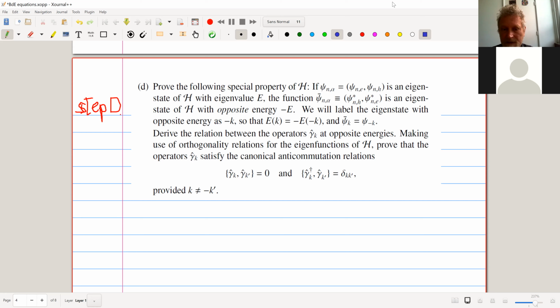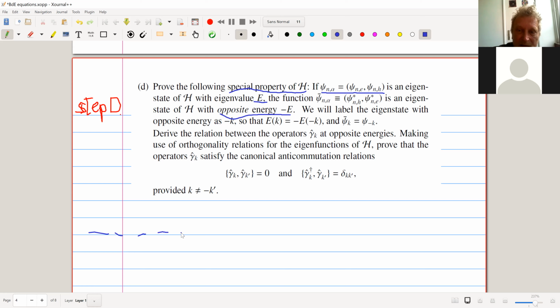And in order to do this, we find an interesting special property of the matrix. So for each eigenstate with eigenvalue E, there is an eigenstate with opposite energy, which means that eigenvalues in the spectrum of this Hamiltonian always come in mirror pairs.